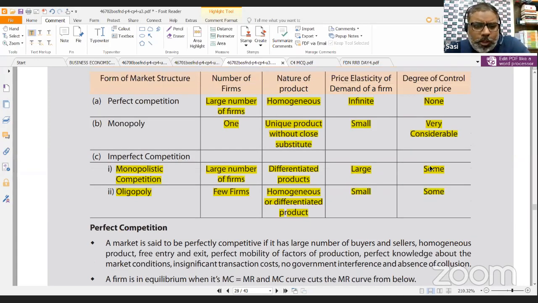Once again, oligopoly broadly can be understood as a situation where a very small number of firms are dominating the market. Homogeneous products are mostly offered. Let us say something like Coca-Cola, Pepsi. Duopoly, where only two firms are dominating the entire market. That is a kind of oligopoly. Duopoly is also a kind of oligopoly wherein more or less homogeneous products are offered by very few firms like that.